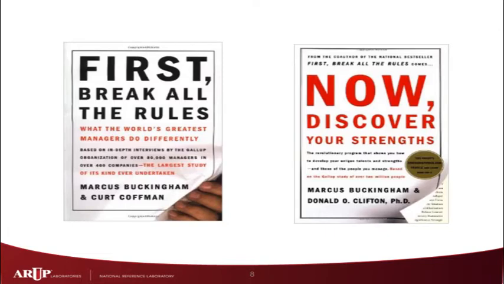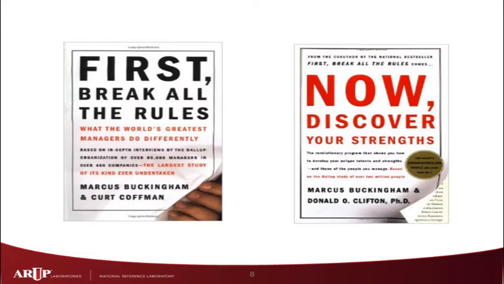First Break All the Rules discusses traditional management from the past. Those of us who've maybe been around the workplace for a while, we realize that there was a time when it was a focus on the weaknesses of an individual. And these are the things that you have to fix. So we pointed out those negative things and expected people to make changes there.